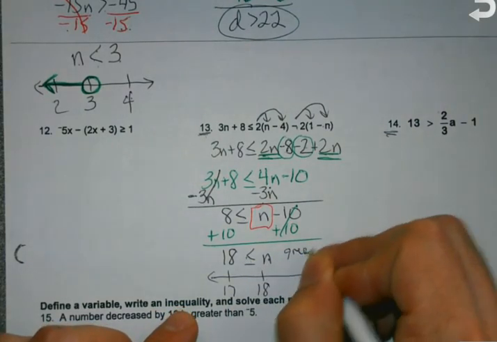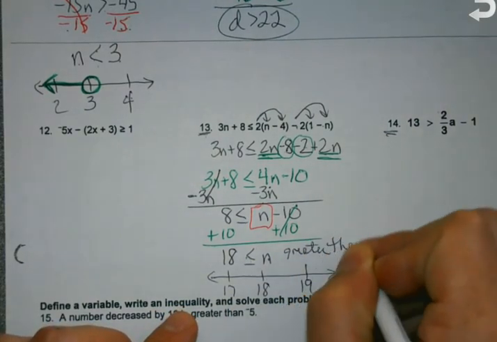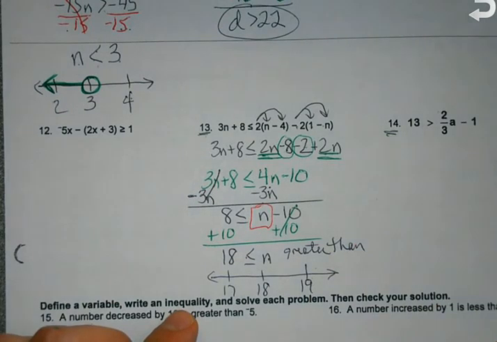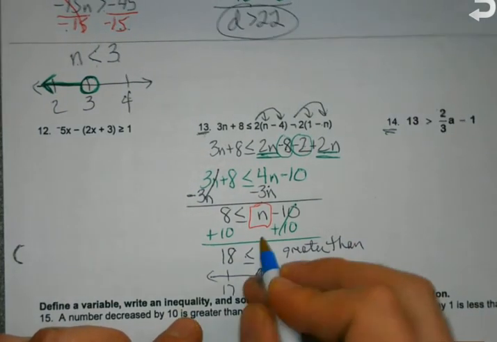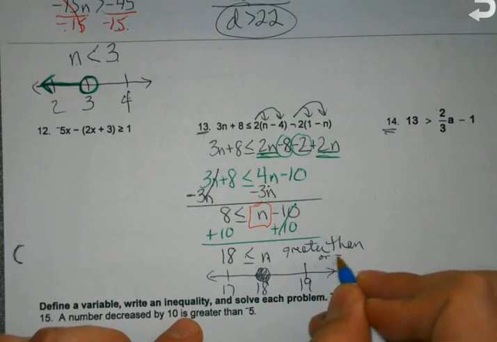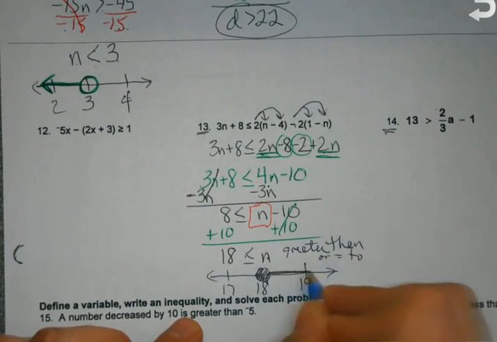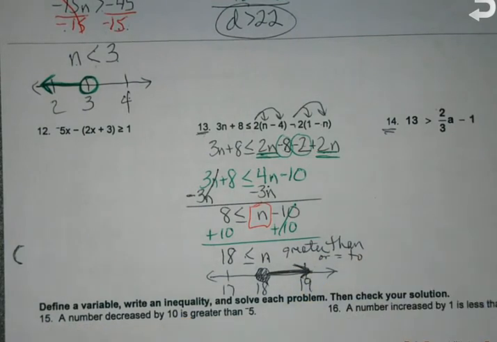This is greater than. Greater than doesn't go to the left. Greater than or equal to goes to the right. So that's one where I'm just going to put a drawing in, just so you can remind yourself. Don't get sucked into thinking just because the arrow goes that way, that means the graph does. We've got to understand that the arrow eats greater than.